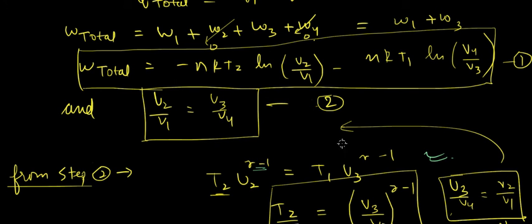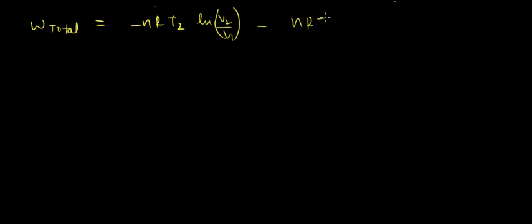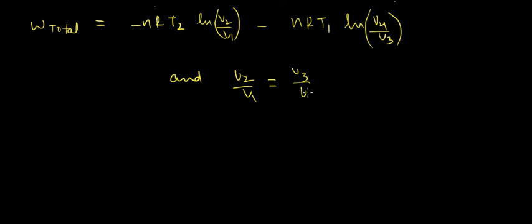So we have got W total as minus NR T2 ln V2 upon V1 minus NR T1 ln V4 upon V3, and we have got the relation that V2 upon V1 would be equal to V3 upon V4. So just put the value of V4 upon V3 from this result into the above equation.